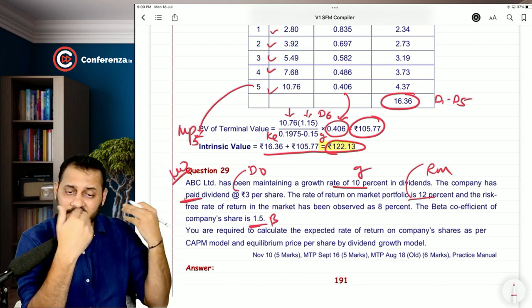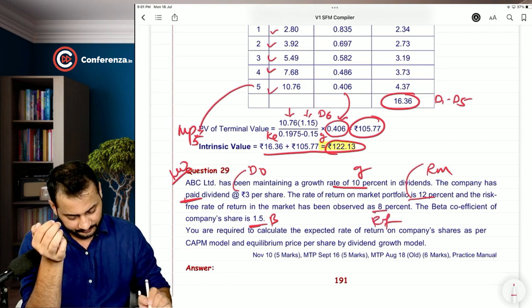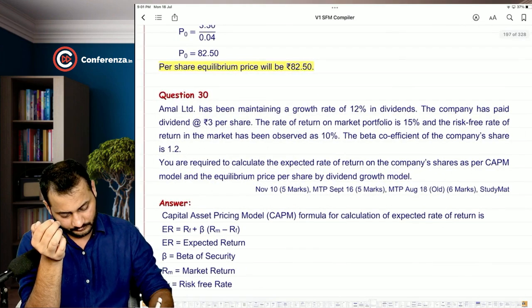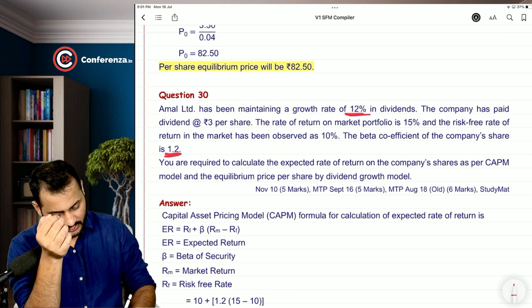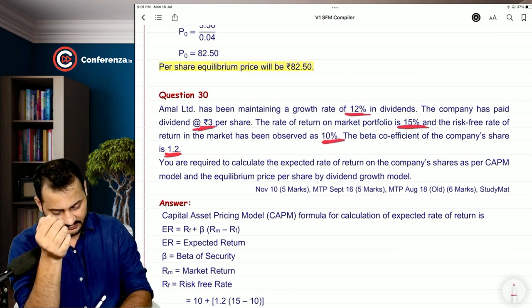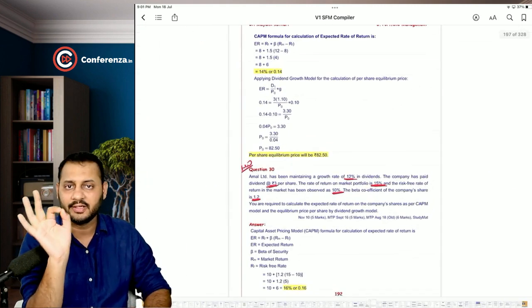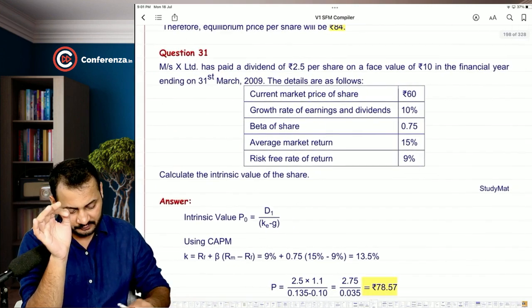In this, it's even easier. This is RF. You will have to do this question. Beta, growth, paid dividend, risk-free rate, market rate. Repetitive in nature. Do not do it for the exam, just for the practice. It is just for the practice.